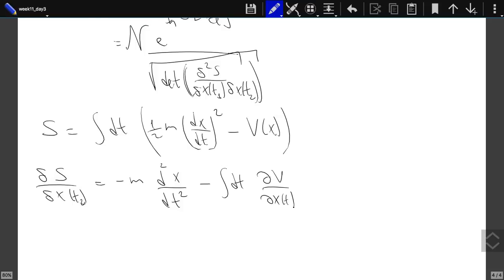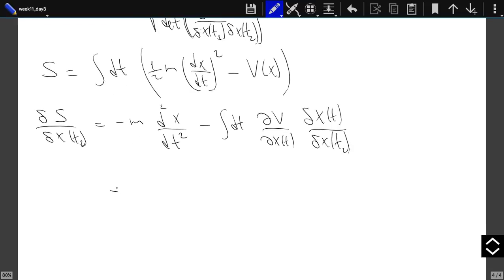This is the ordinary derivative, by the way, times the functional derivative of x of t with respect to x of t2. This is equal to minus m d squared x by dt squared plus del V by del x. Now this is at t equal to t2. Now everything is at t equal to t2.